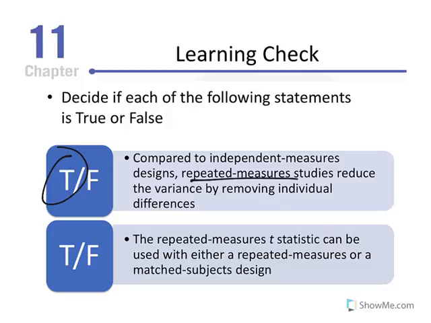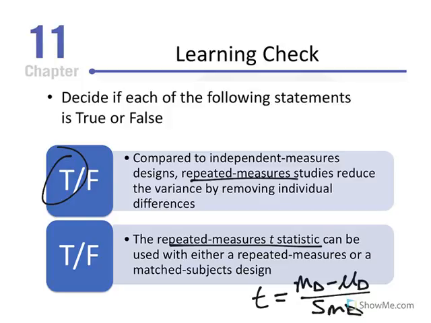Next, the repeated measures t-statistic can be used with either the repeated measures or matched subject design. And that is true. The equation that we use to compute our t for the repeated measures, which is MD minus mu D over the estimated standard error of the mean difference, is the way we would calculate our t if we're using the matched subject design, even though we recognize that we have two different groups of individuals.